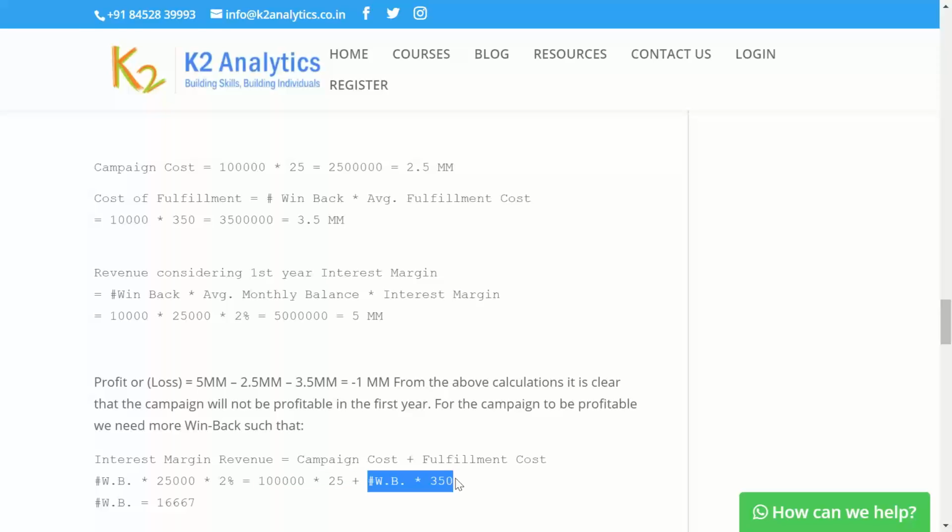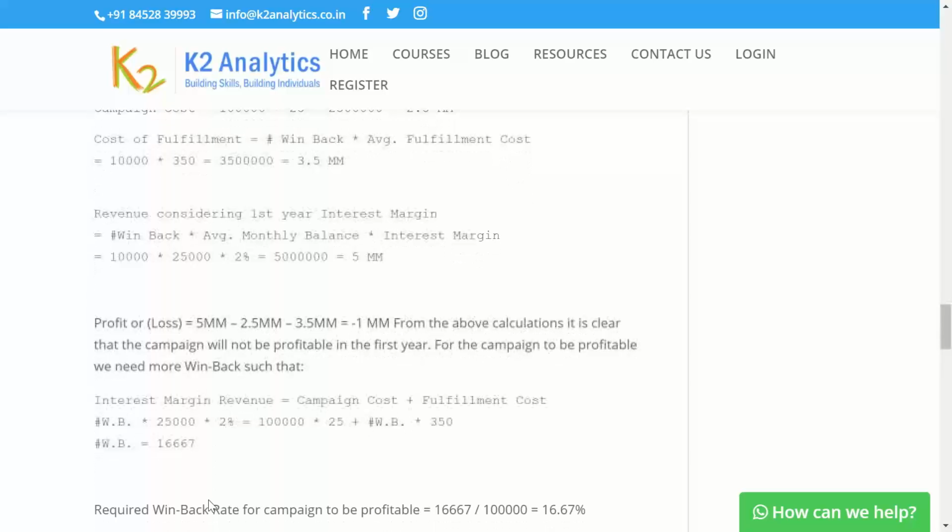The point is how many win backs I require so that the campaign will be profitable. If I do reverse calculation, I find I require 16,667 conversions, but the campaign is giving only 10,000 conversions.